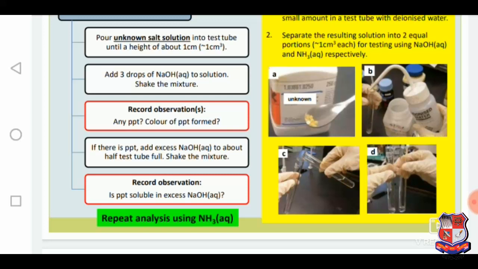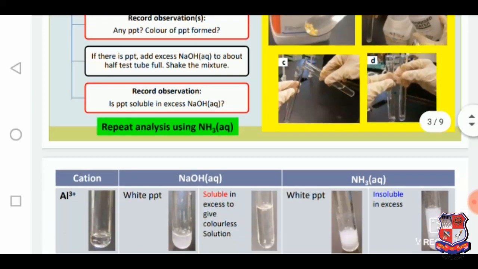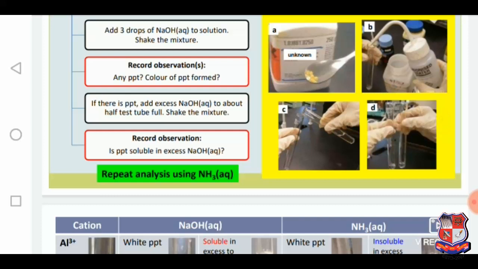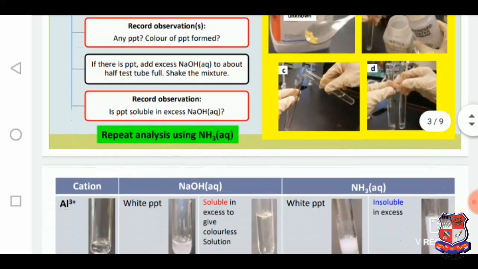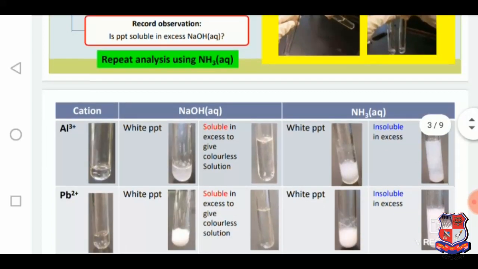So these are the two important criteria, and the majority of students struggle with how to use the excess amount, and that is very crucial for recording the proper observation. So for recording purposes, note whether the precipitate is soluble in excess NaOH, and that is also mandatory, and if so, then repeat the analysis using the aqueous ammonia solution.